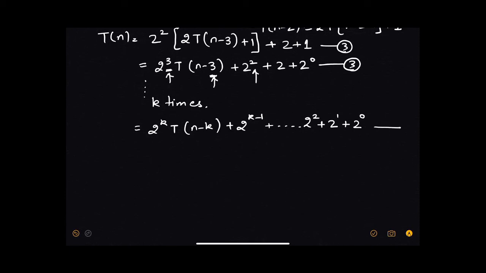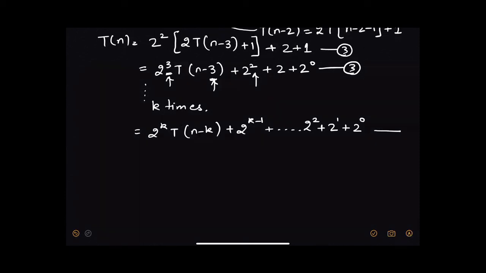Okay, we know that my stopping condition is when we achieve T(0). This happens when n-k is 0, or n equals k, or k equals n.